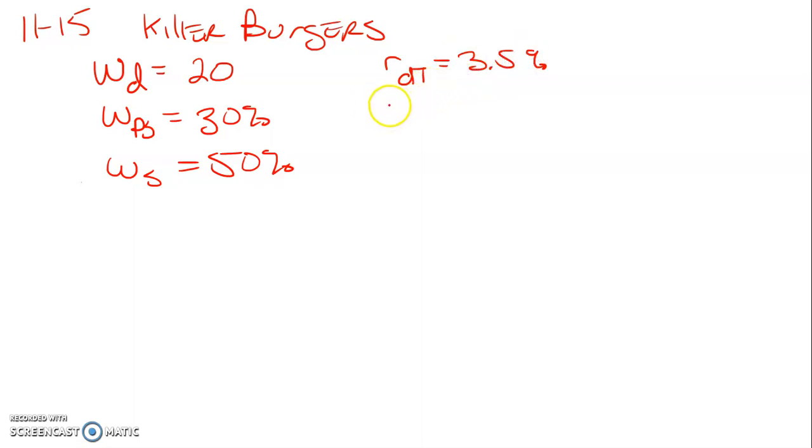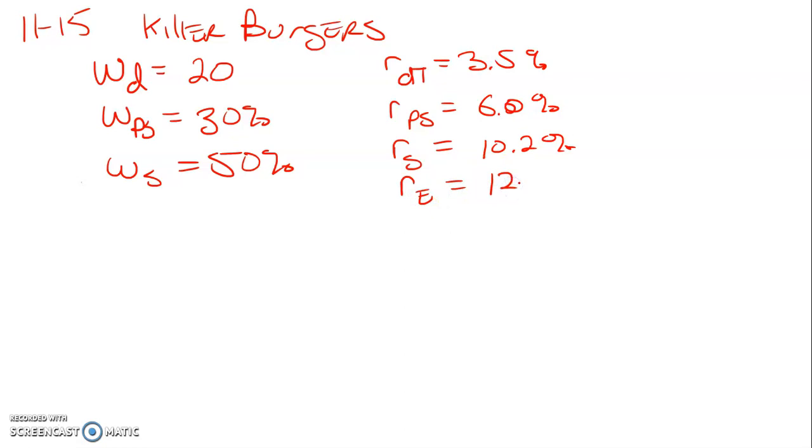The cost of preferred stock, R sub PS, is 6%. The cost of retained earnings is 10.2%. And the cost of new common equity is 12.4%.